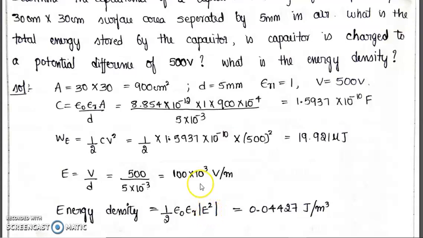So magnitude of E is 100 into 10 to the power 3. Substituting that, you will get the energy density in the capacitor as 0.04427 joule per meter cube. This energy density formula we derived in the first part of the second module, and the same equation is used here.